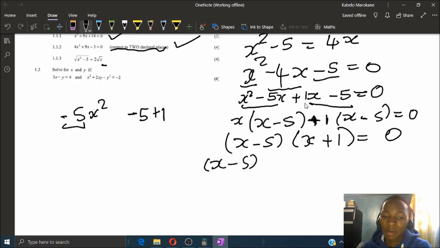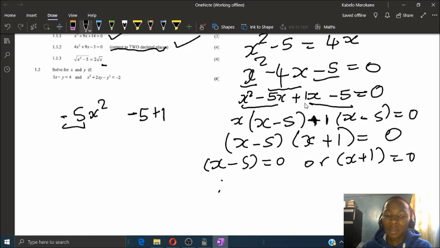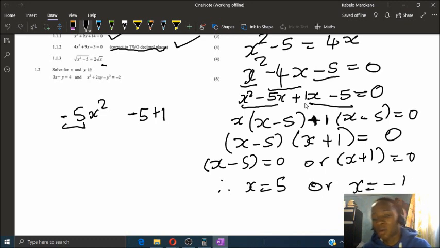So x minus 5 equals to 0, or x plus 1 equals to 0. Therefore x is equal to 5, or x is equal to minus 1. Take the 1 to the other side, minus 1. Take the minus 5 to the other side, equals to 5.